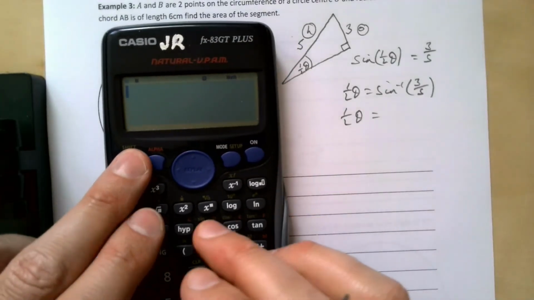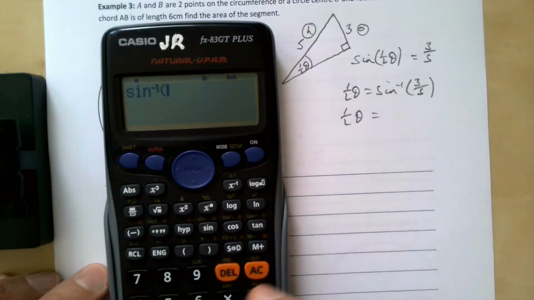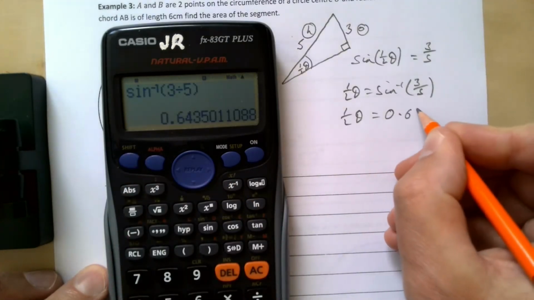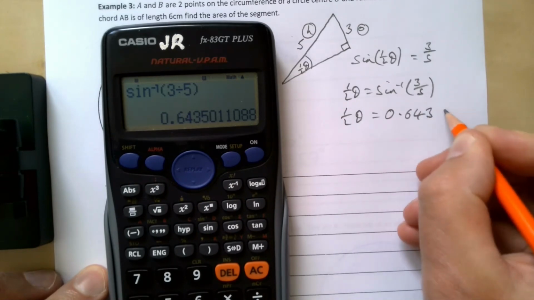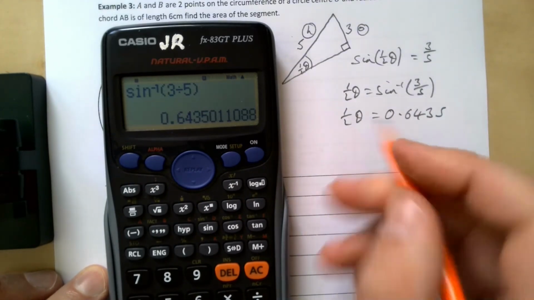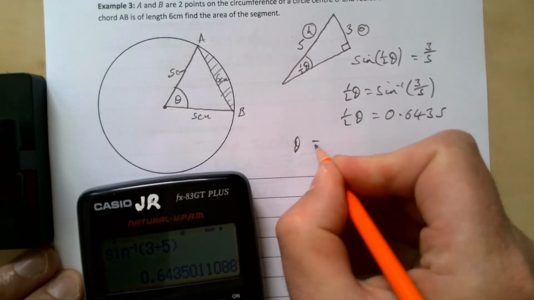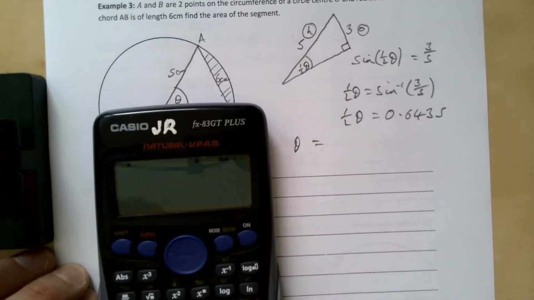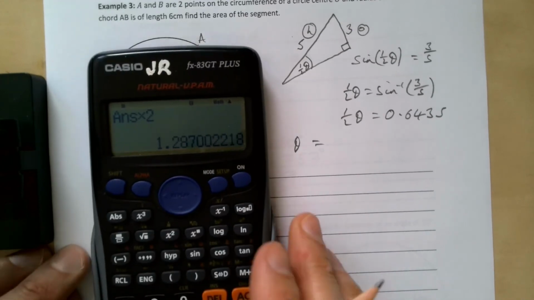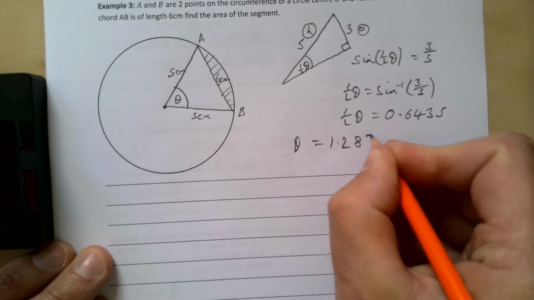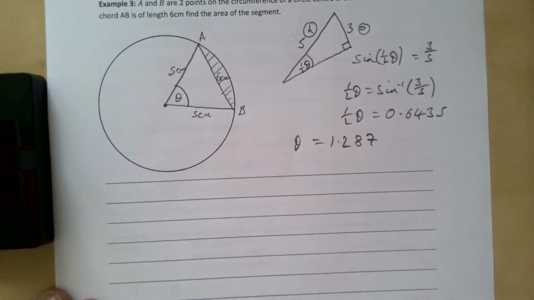So it is shift sine, we're in radians anyway, 3 divided by 5. And we end up with 0.6435. That's half theta. We want this angle here, so we're going to times that by 2, and we get 1.28700. So let's keep it as 1.287 then, and we can do our sums in from there.